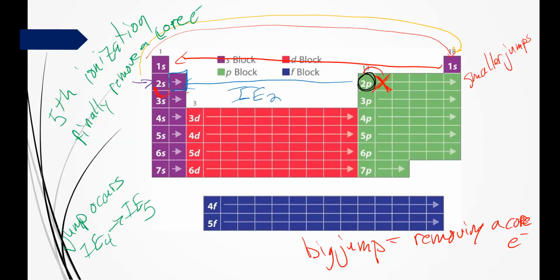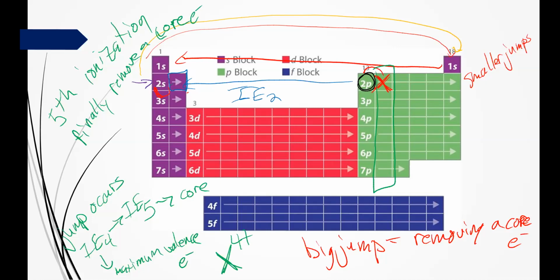And so 4 is your maximum valence electrons. 5 is your core. So if we get that jump between 4 and 5, then our element should be X 4 plus. So we know what period we're looking for. And so now we're looking for some element in this column here because it's got 4 valence electrons. And that's kind of how you tell that difference.